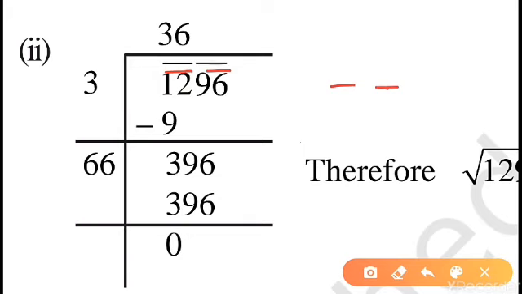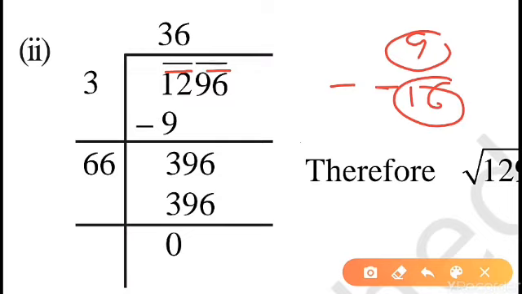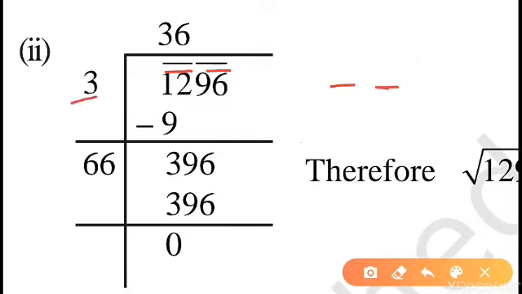You know 3 3s are 9 and 4 4s are 16. So 16 is larger, so we will take the smaller, that is 9. So we will write 3 3s are 9, and we will subtract this 9 and we will get 3. Now we will copy the next pair, that is 96, and it becomes 396.